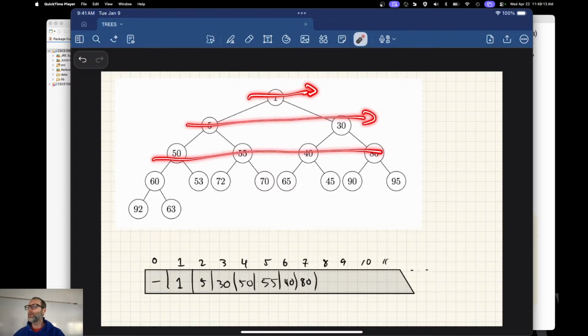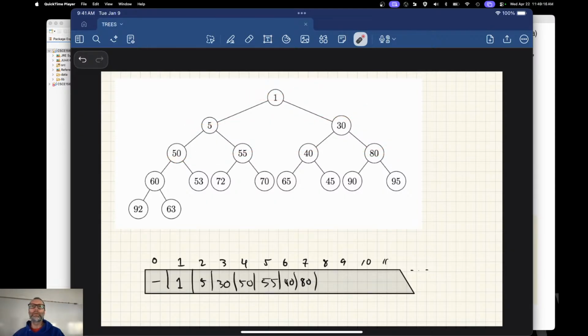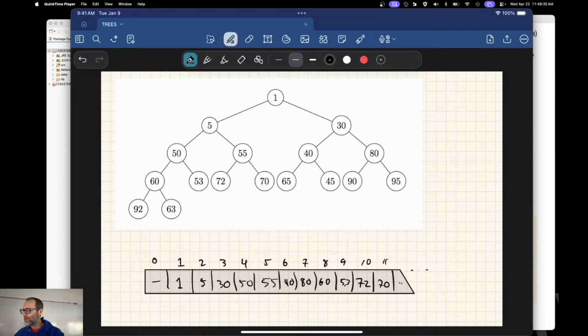Second level, third level, left to right, etc., etc. What order was that? It wasn't pre-order traversal. It wasn't post-order traversal. It was that other one, breadth first search, BFS. All right. So 80, then 60, then what else? 53. All right, and 72, and 70. All right, and then dot, dot, dot.